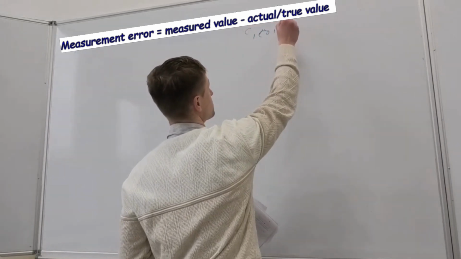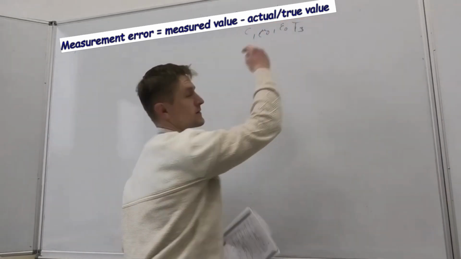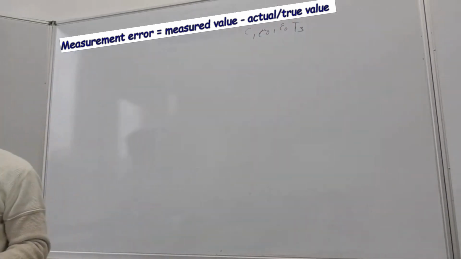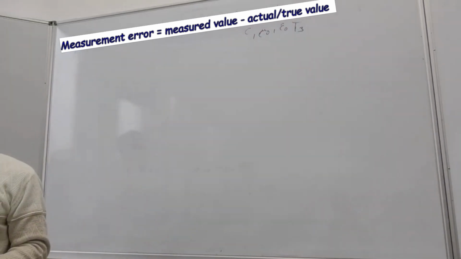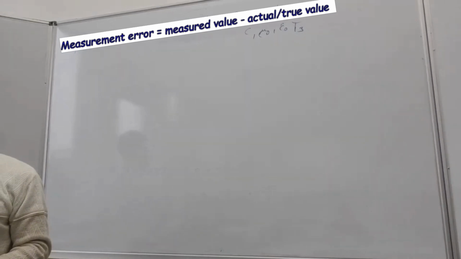For example, the speed of light in a vacuum, the permittivity of a vacuum, the permeability of a vacuum, or the triple point of water. But most of the time it is not known, so then we conventionally replace the actual value with the true value.